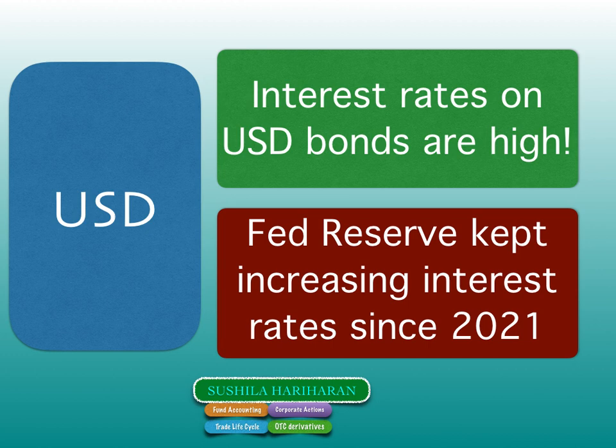Inflation has been on an upward swing in the last 8 quarters. I'm recording this video in December 2023. So literally for 2 years, inflation has been a big cause of worry, and the Federal Reserve has increased interest rates almost 8 times in the last few times that they have met. So the Federal Reserve is concerned about inflation, and they kept increasing interest rates.